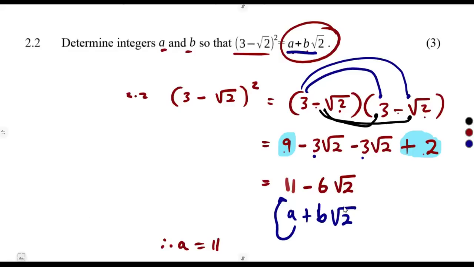What about b? What is affecting the square root of 2 is our b. This one. So our b is negative 6. Just like that.